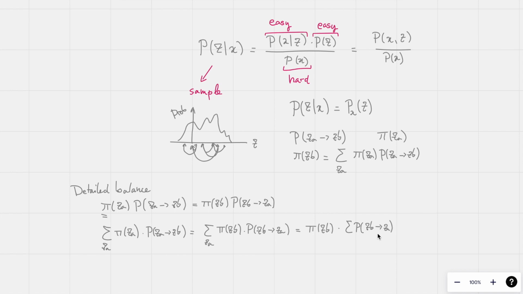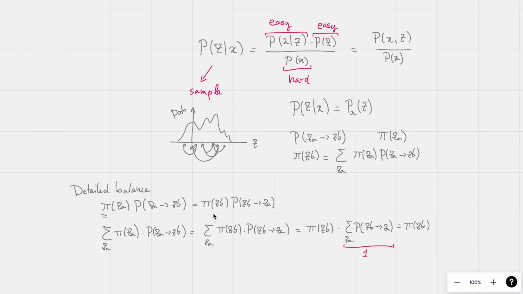for all possible ZA. So what is this here? This is the probability of going from ZB to somewhere. We're really summing over all the possible jumps here, and one has to go somewhere, so this here is equal to 1. And in the end, we have proved that this here is indeed pi of ZB, which is the condition for being the stationary distribution.